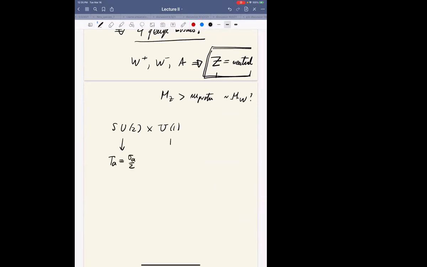And there is a generator here that I call Y over 2, just for historical reasons, and not Y. There is a coupling constant g associated with SU2. There is a coupling constant g prime. What I mean by SU2 cross U1 is the fact that hypercharge commutes with TA. This is very important. Of course, TA and TB have the usual SU2 commutation relations.